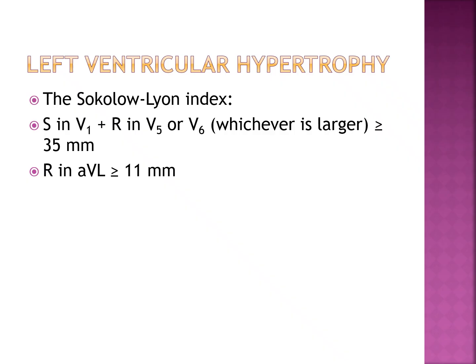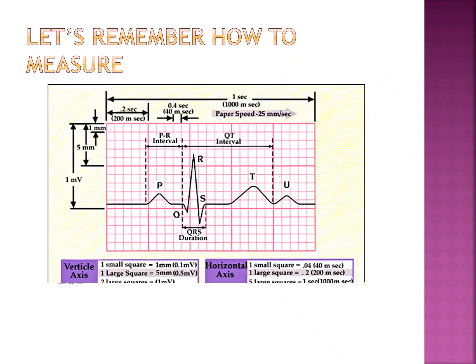But you also have to look at the R in the AVL lead to see if it's greater than 11 millimeters. I know it's kind of complicated. It's one of those things you've got to learn, but this is going to help you to determine whether or not you've got a left ventricular hypertrophy.